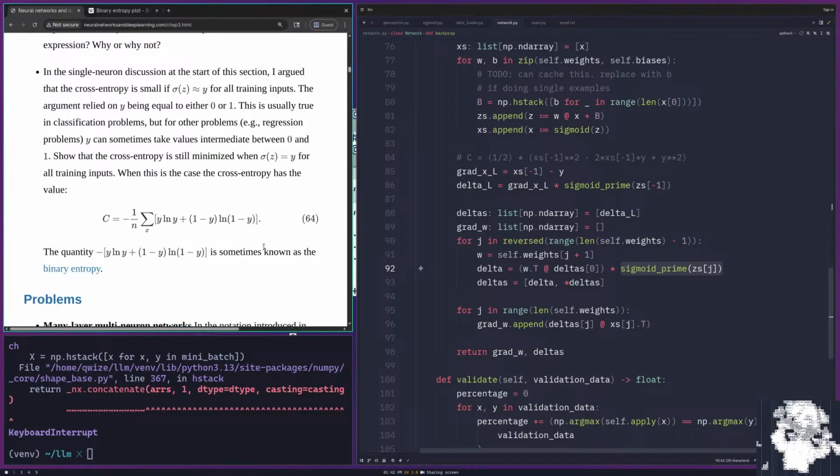I'm not sure how to make progress, and I think I'm okay with just saying, yeah, the cross entropy goes down when you're closer to being right. I think I can just accept that.